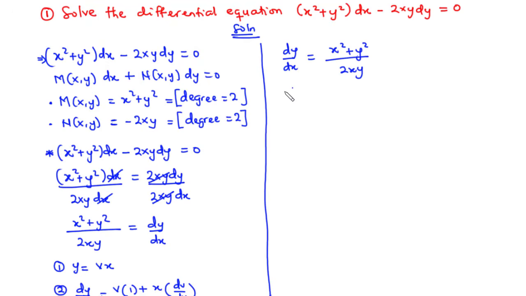So that's going to be v plus x dv/dx equals x squared plus, in place of y we have vx, so (vx) squared divided by 2x times vx. Now let's simplify this.